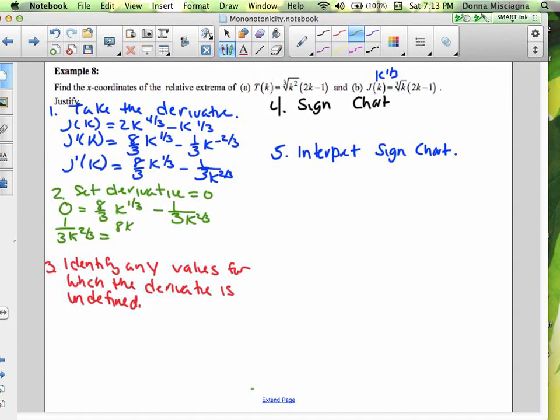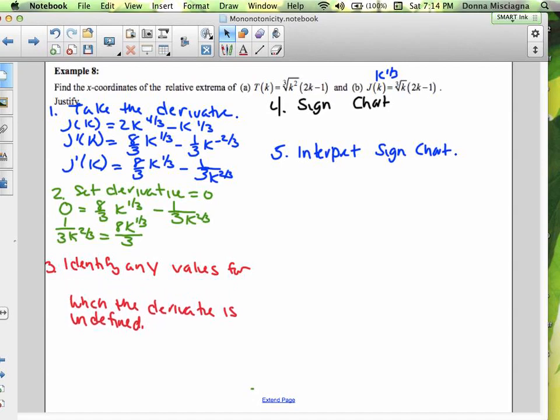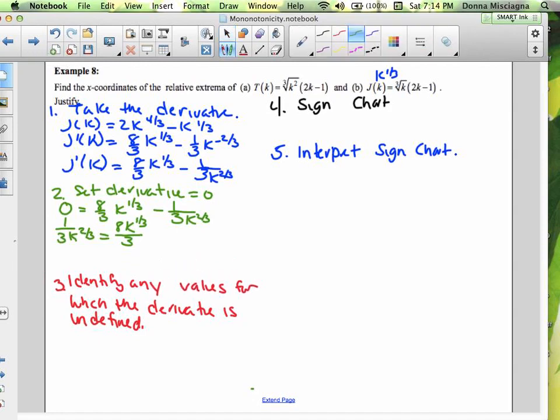So 8 and the cube root of k in the numerator, 3 in the denominator. We'll cross multiply. So we're going to have 24k, nice, another easy solve, because that would just be k to the 3/3 equals 3. So now k is 1/8.